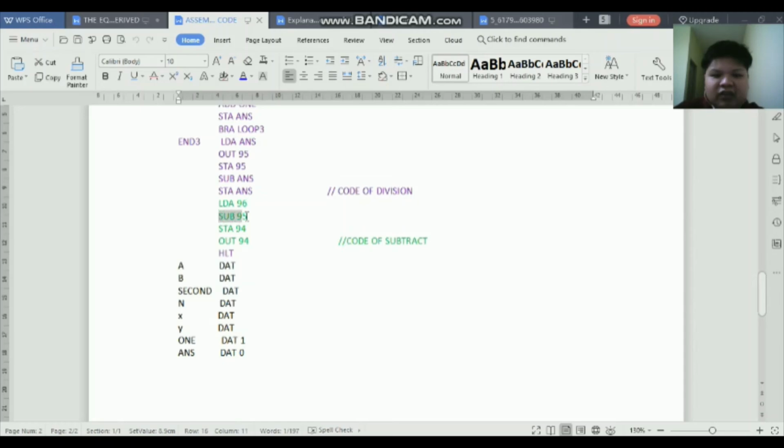Okay, we subtract R95. R95 is the answer of e divided by f. After we get the answer, we store it in R94. Then we can see the data variable. We can see the one, which means 1, and the answer value is 0.